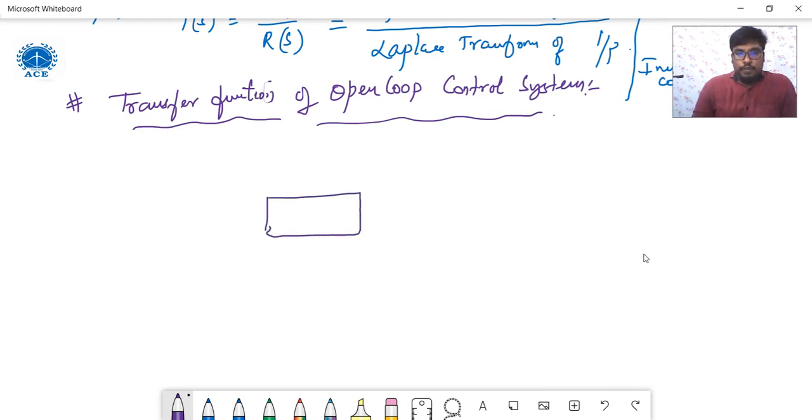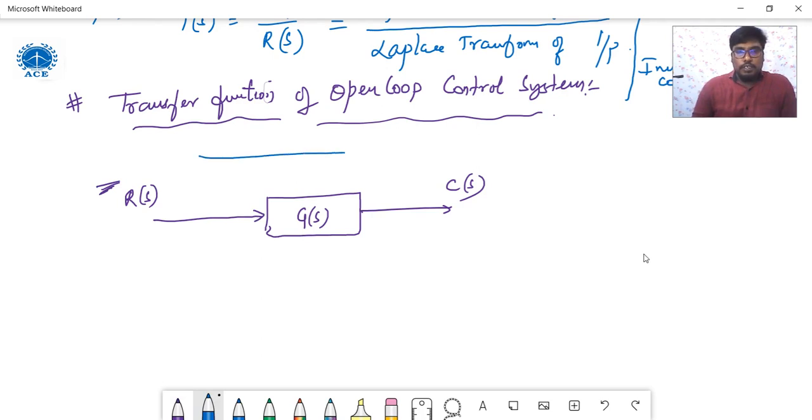We have only the system, that is G of S, and this one is output C of S, and this one is R of S. Okay, so this is a controlled output, this is a reference input. You can call it only forward path. So this is the basic open loop control system.